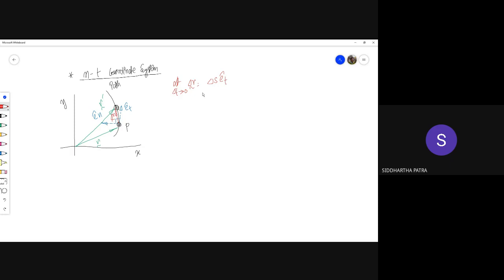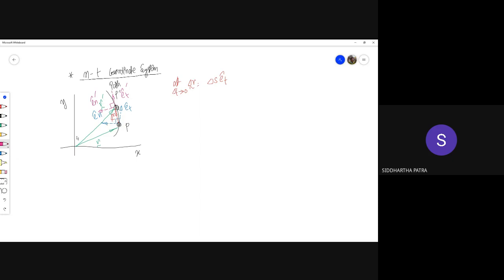Okay, and even at P prime, I can define another set of normal and tangent coordinate system, and that's what happens with normal and tangent coordinate systems. They keep on changing orientations. So this thing is en prime.